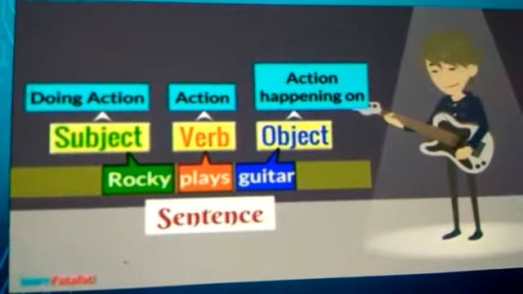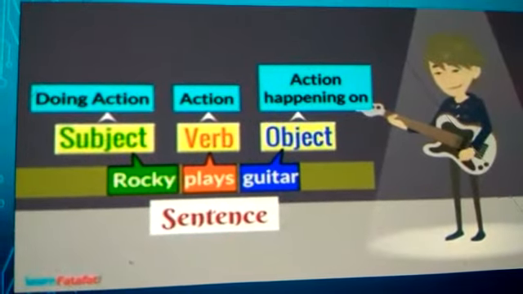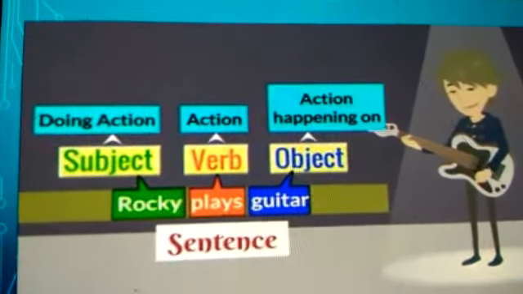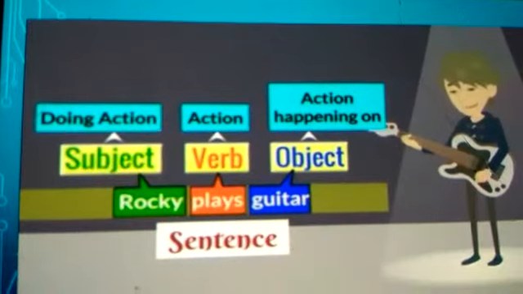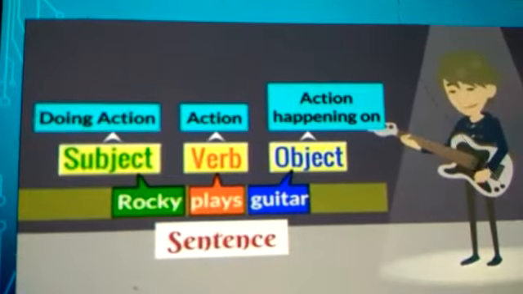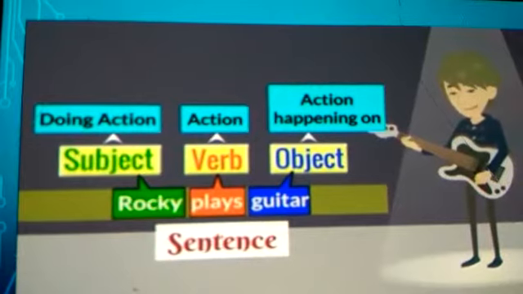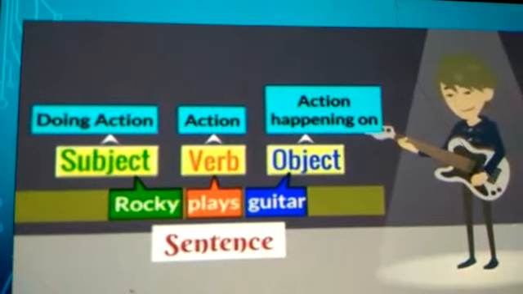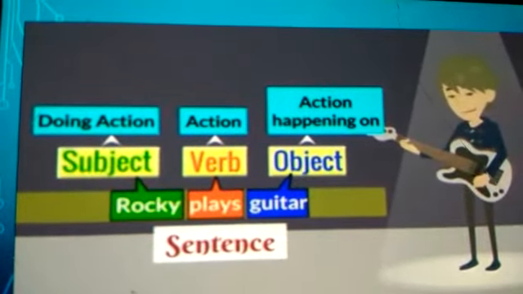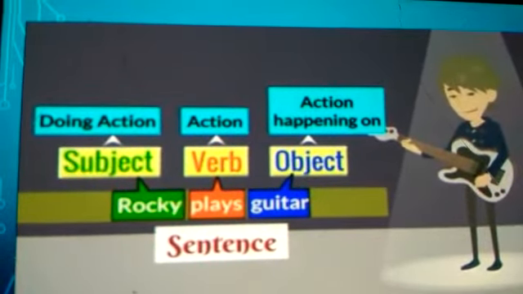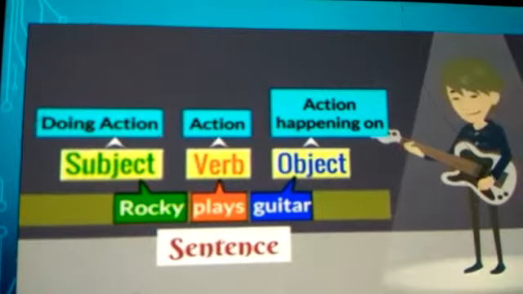Let's understand through another example. Rocky plays guitar. Rocky is the subject who is doing the action. What action? Action of playing. Here the action of playing is performed by Rocky.